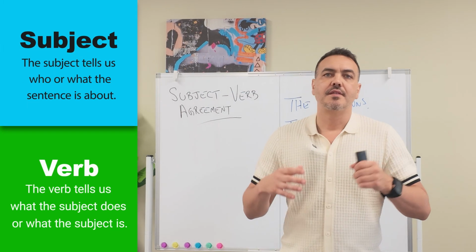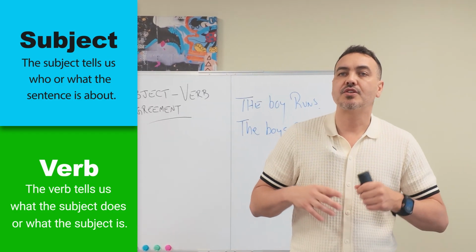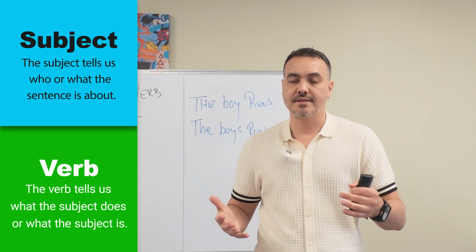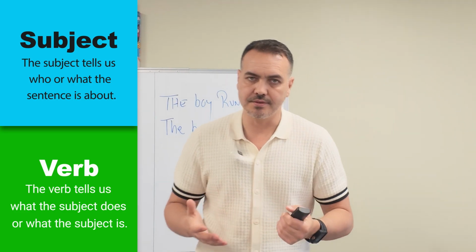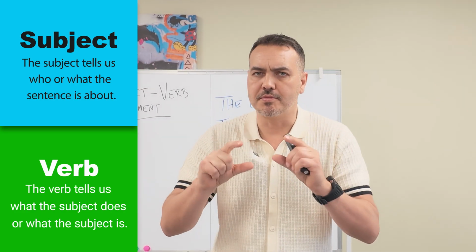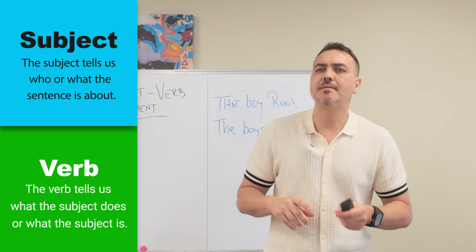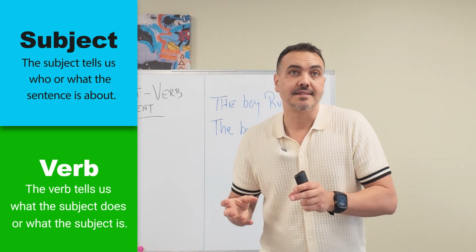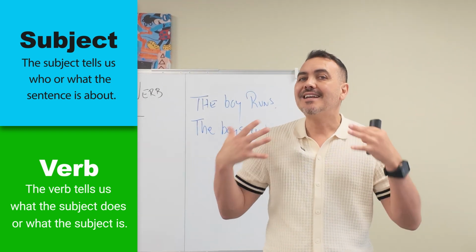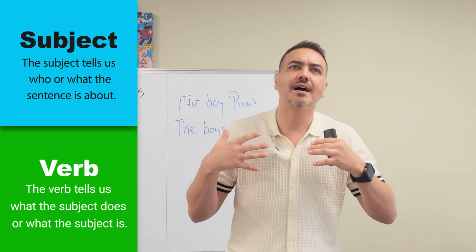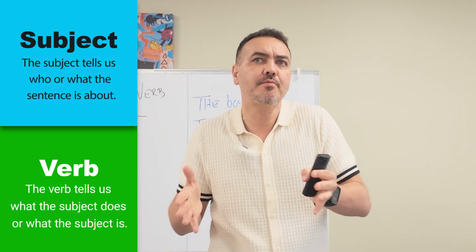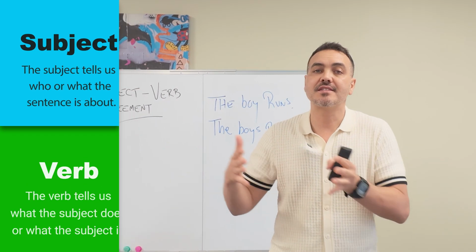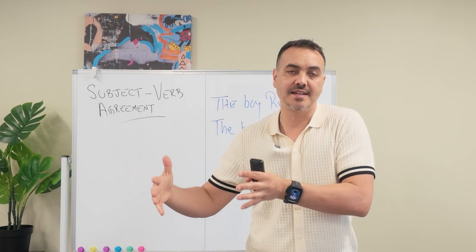The subject tells us who or what the sentence is about. The verb portion tells us what the subject does or what the subject is. By the end of this lesson, you're going to understand how to choose the correct verb form based on the subject of the sentence.